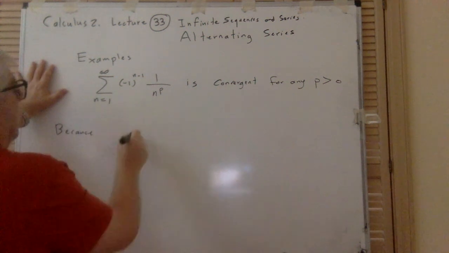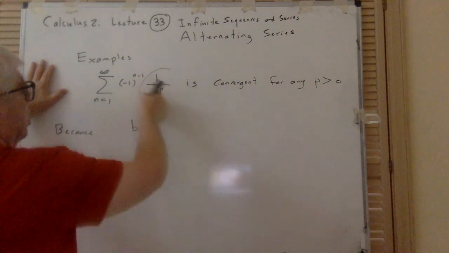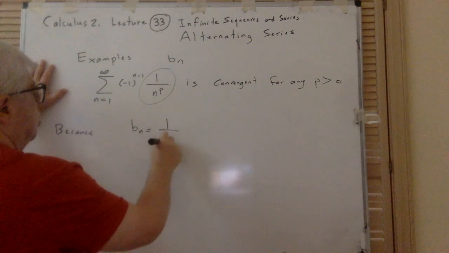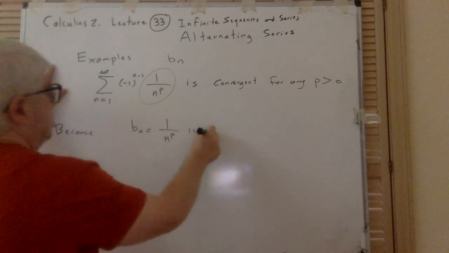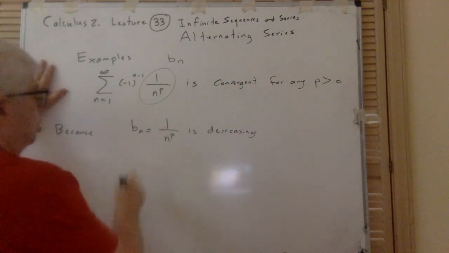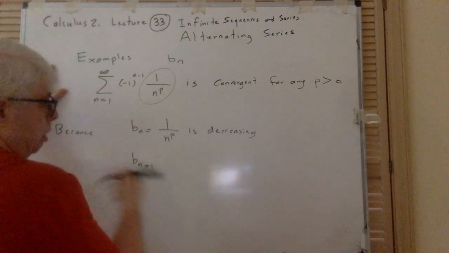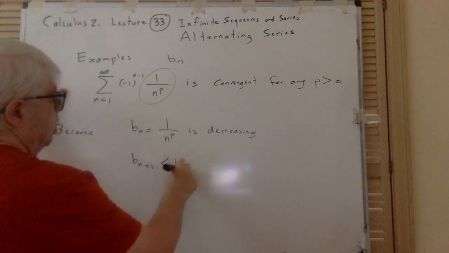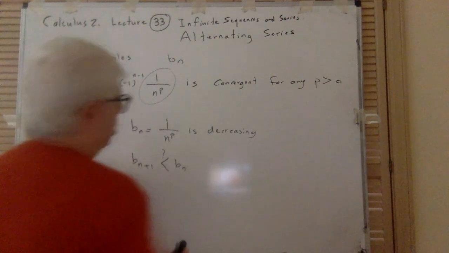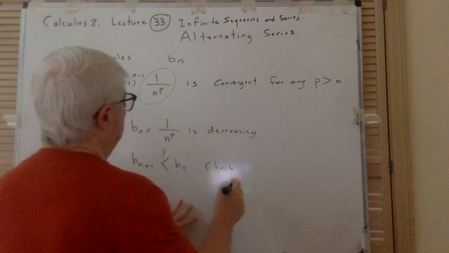Let's look. This is my bn, which is 1 over n to the power p, and it is decreasing. We need b(n+1) to be less than bn, so let's check.